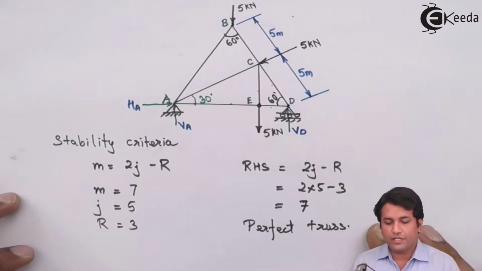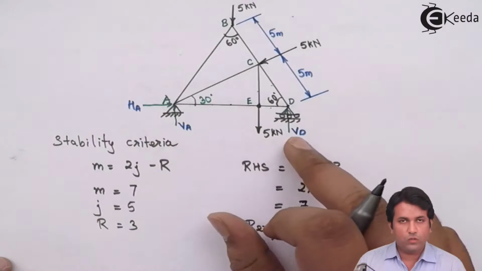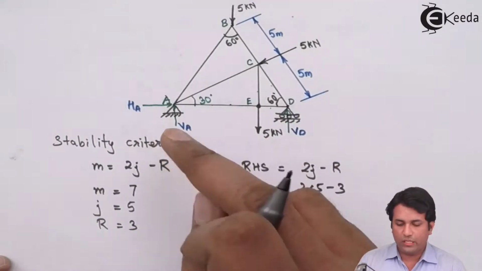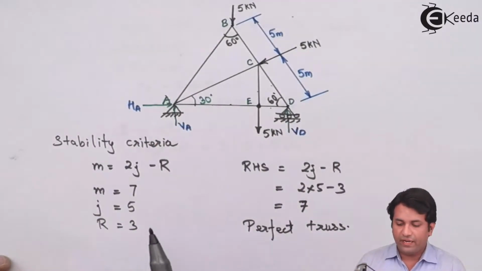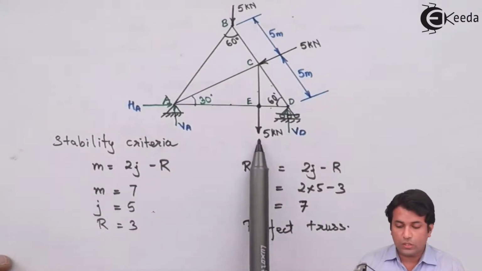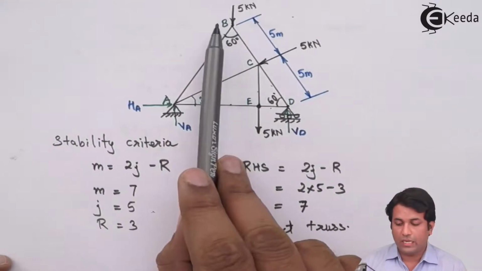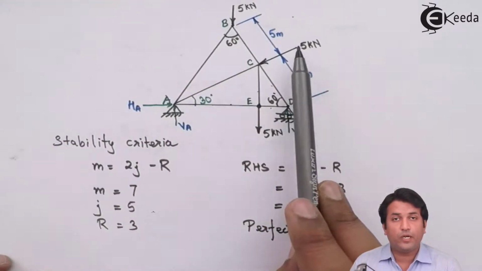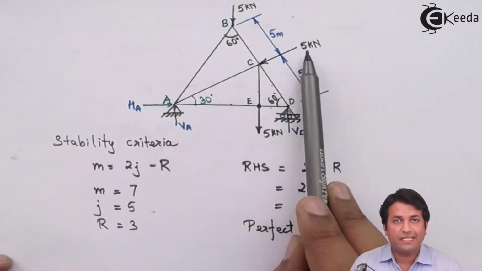For the vertical reaction, I have two upward forces, that is the reaction forces VA and VD, whereas I have three downward forces, the 5 kilonewton force, this 5 kilonewton force, and the sine component of this force, that is 5 sin 30.